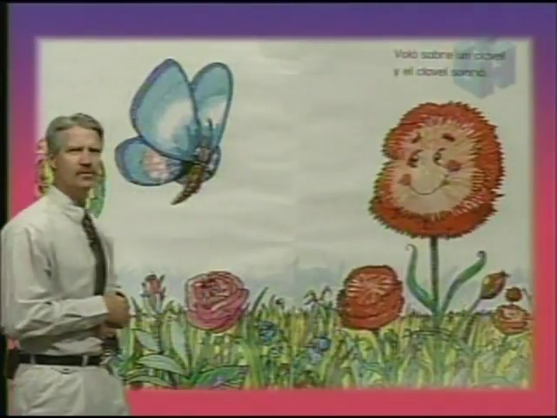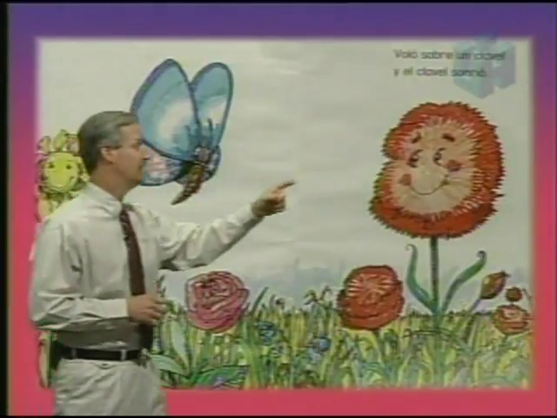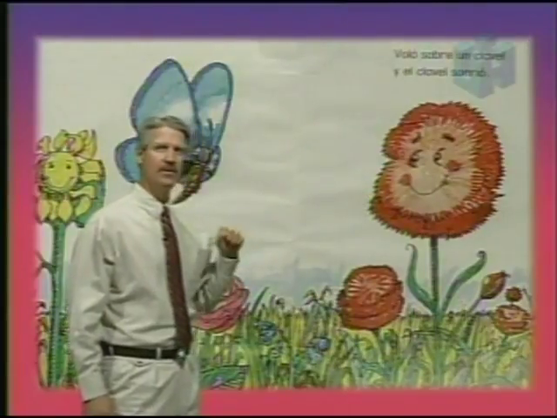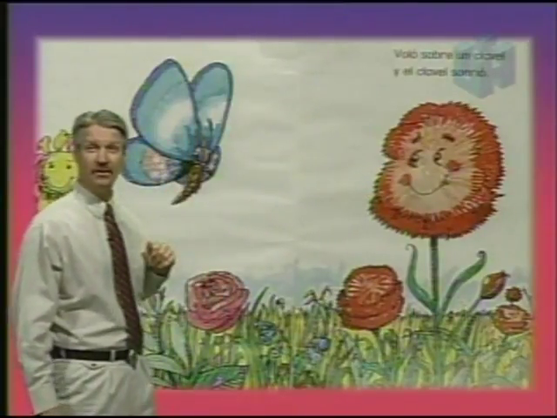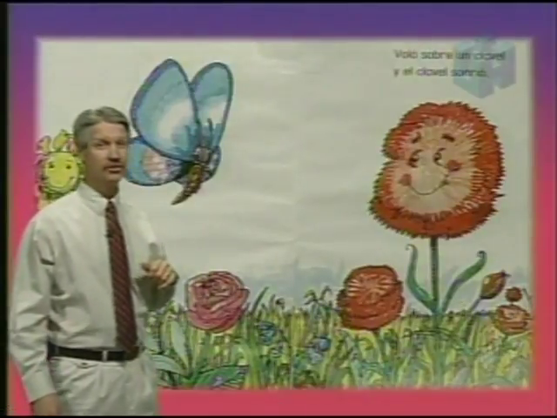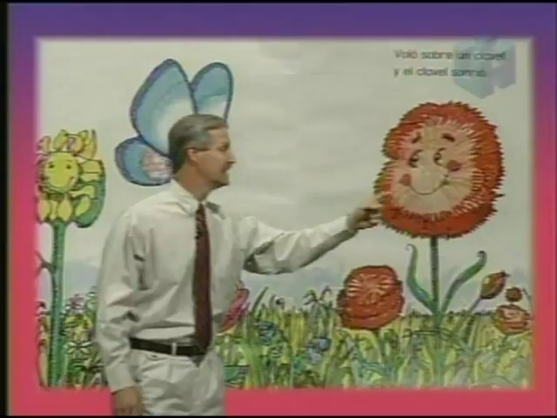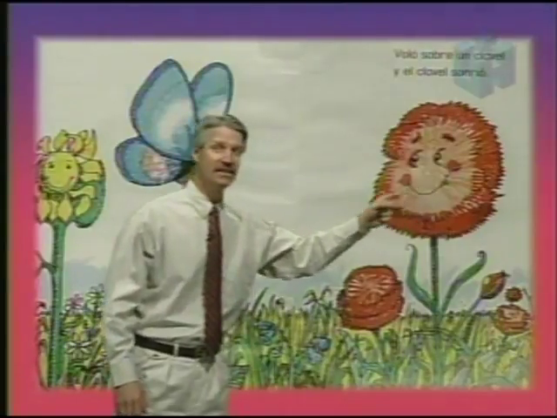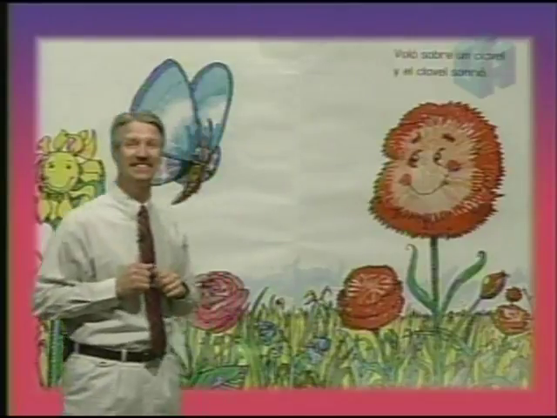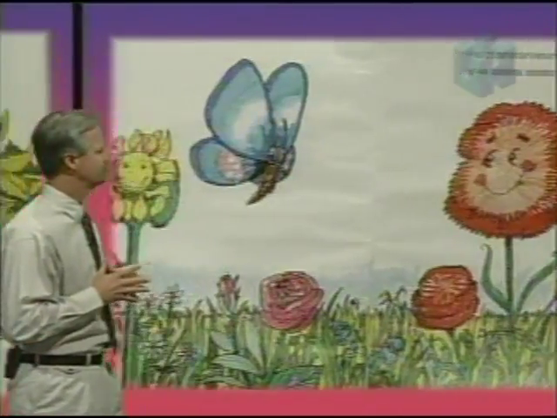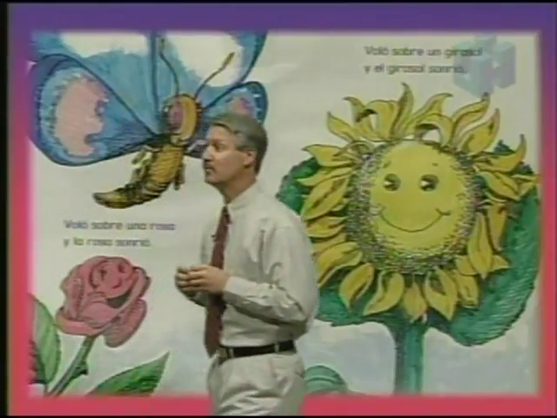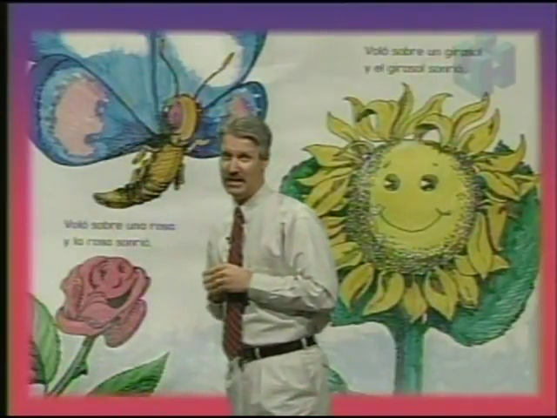Voló sobre un clavel. And this flower right here is a clavel. And when it voló sobre el clavel, when it flew over the clavel, el clavel sonrió. And you can see right there, the mouth. Sonrió. The clavel smiled. So it kept going. Voló sobre una rosa.